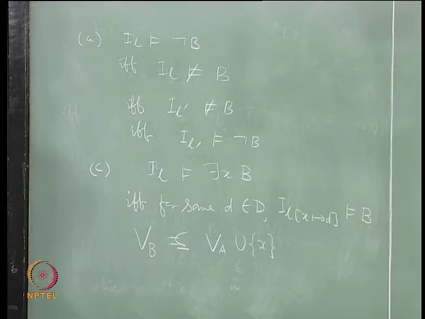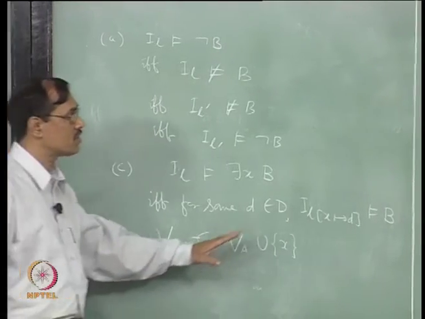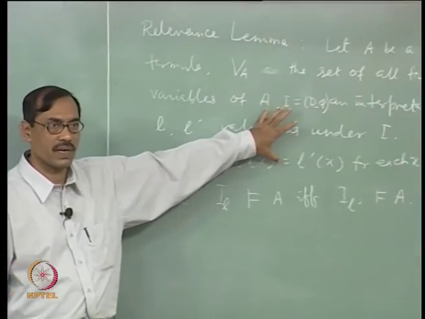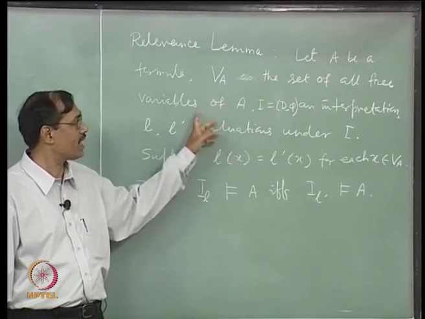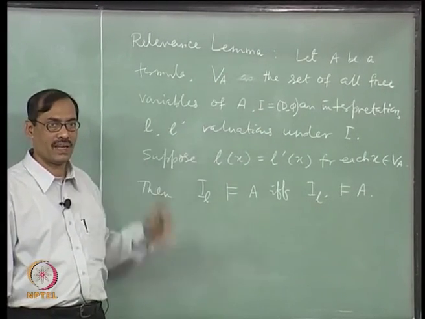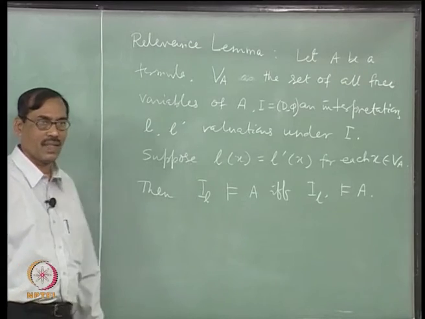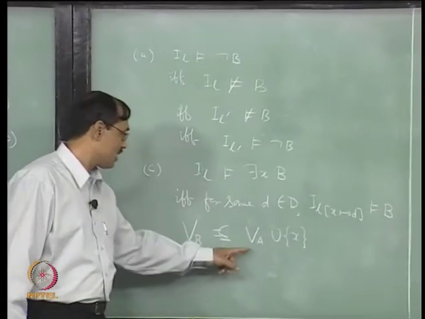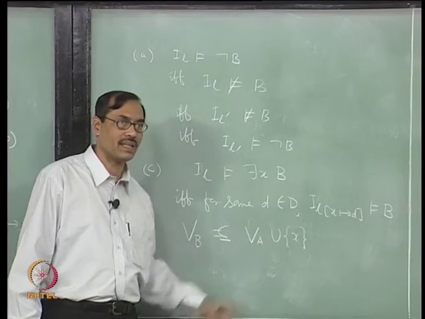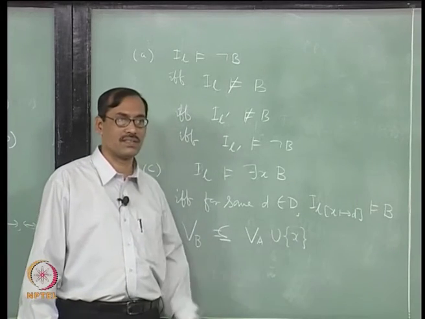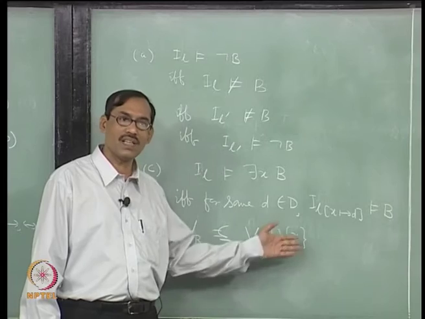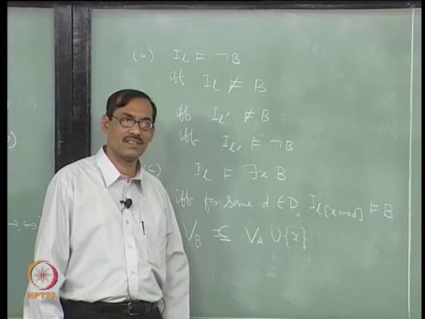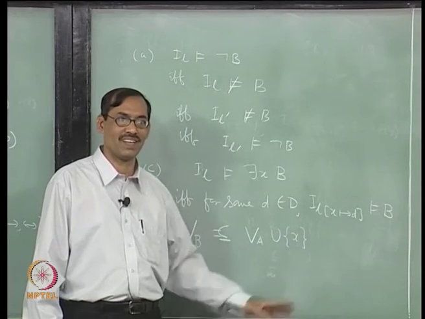Is it clear? Our induction hypothesis is on this statement, where we have L and L prime agree on V A, right. So, that means on V A only L and L prime will agree. What about this x? We need that now to apply the induction hypothesis. See the problem, it is not straightforward here.